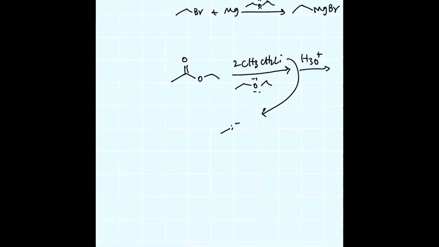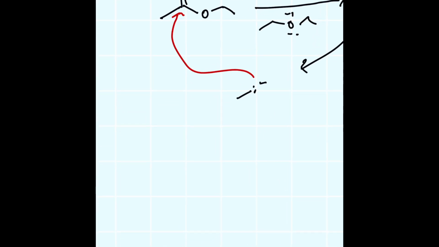So if this guy were to react, as you guys know, the first step is attacking the electropositive carbon, the carbon that has the positive charge. So this is what's going to give us, if I were to draw an arrow, perfect.